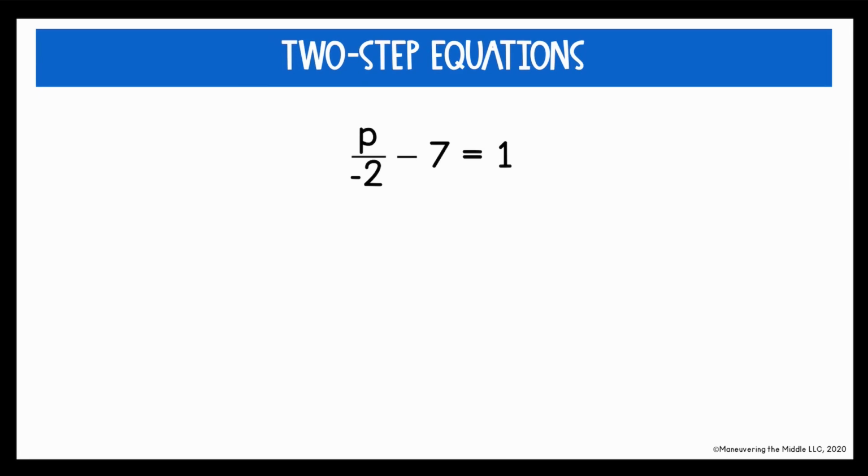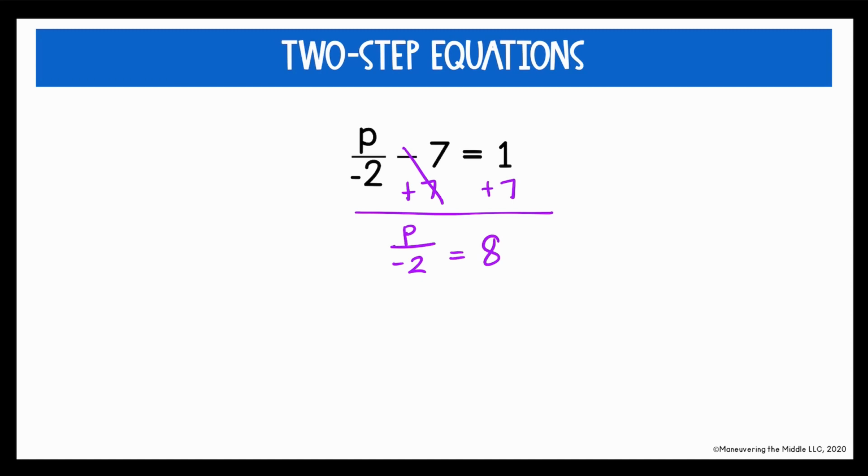Try another equation. P divided by -2 minus 7 equals 1. So first, remove the constant term. The inverse of subtracting 7 would be to add 7. All right, what I have left, which is p divided by -2, now equals 8.